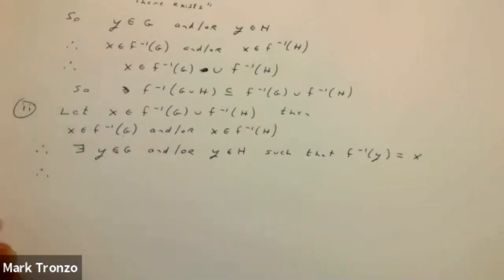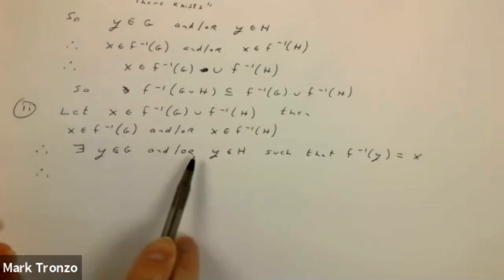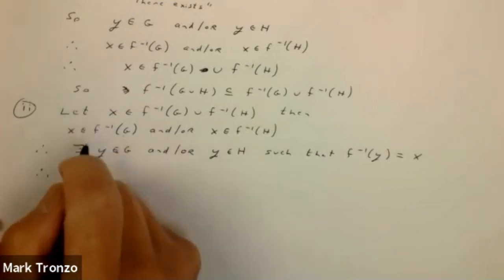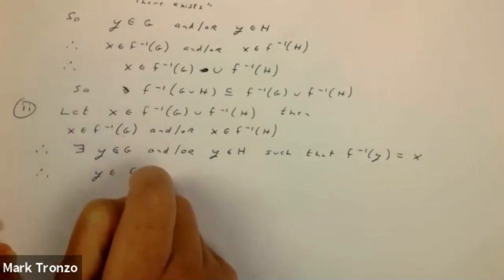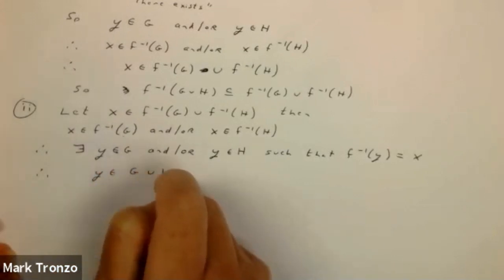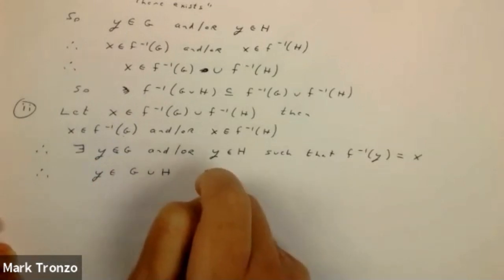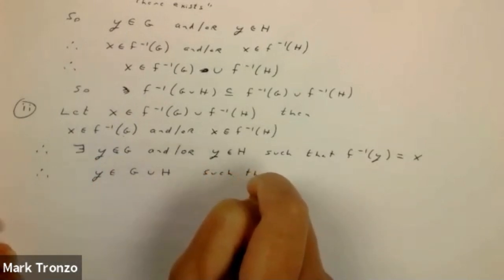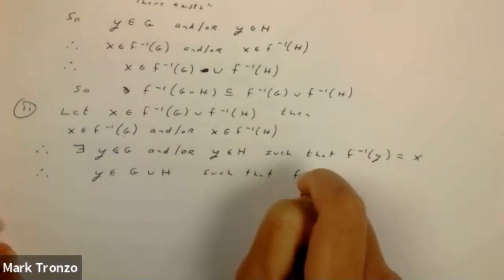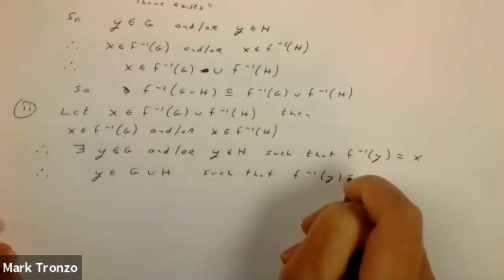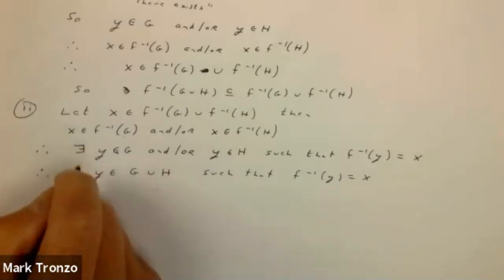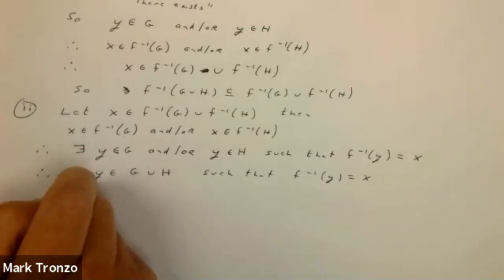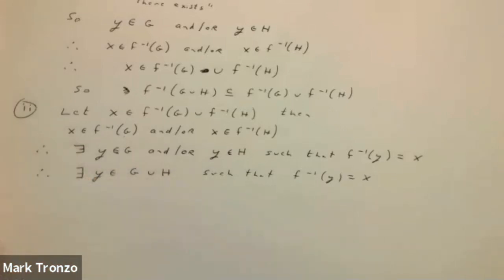Therefore, if that Y has to be in G and/or H, then Y is in G union H, carrying over what we had from the previous step, such that F inverse Y equals X. And maybe I should put the 'there exists' at the beginning here, just to make it more proper.